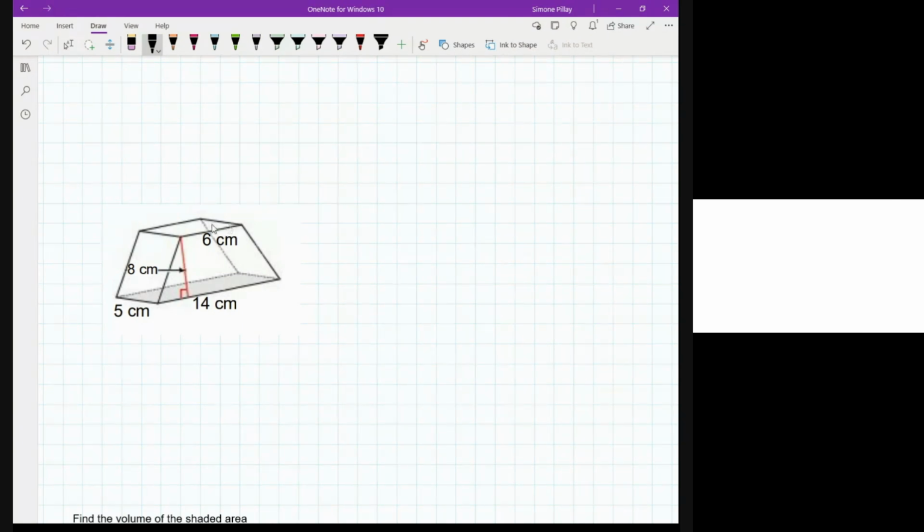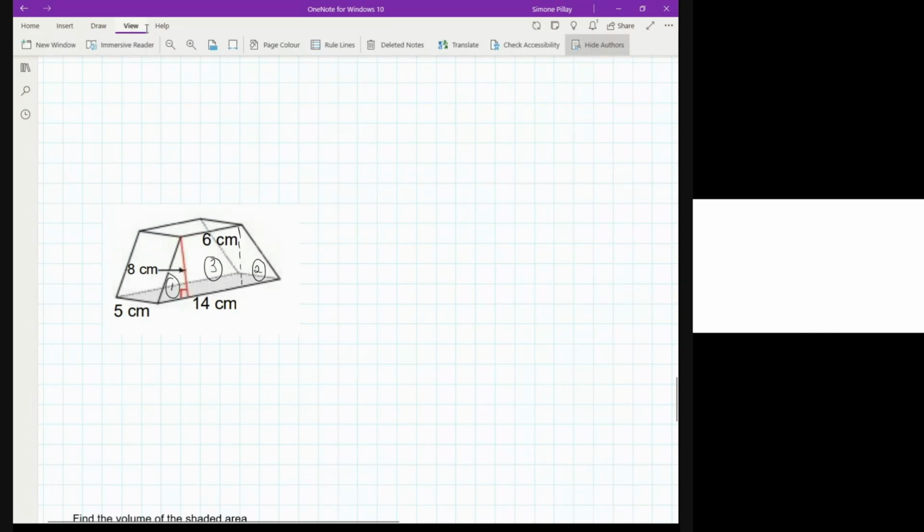We would have broken this up into a triangular prism number one, triangular prism number two, and then a rectangular prism in the middle. You would have calculated the volume for each one, added all of them up, and come to your total volume. This is something you can practice on your own, take a screenshot if you need to.